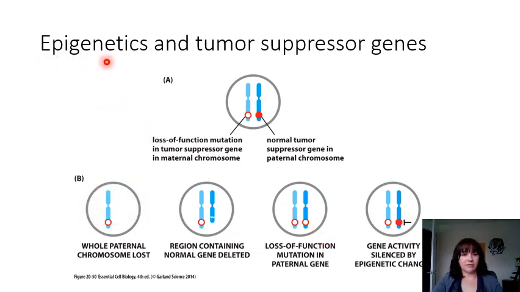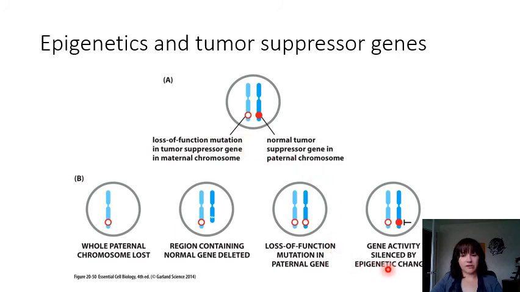Now, we've talked about this idea of epigenetics. This was introduced in cell biology. These are changes in gene expression that are not actually due to mutations, right? The gene is, say, tightly packaged, so it's not accessible, or it has been modified so that it is more accessible to, say, transcription. Now, in this case, it's a loss of function mutation.